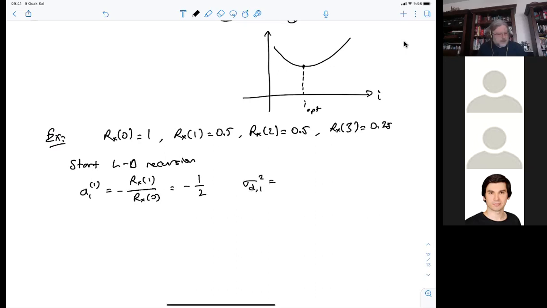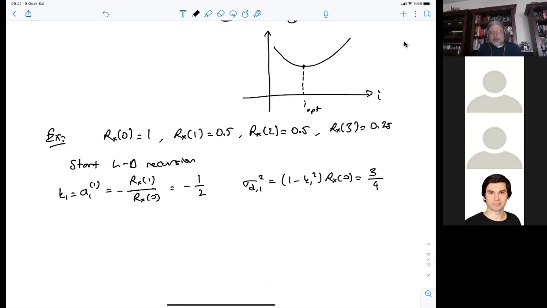The squared error for this case is, by the way, this is also K1, 1 minus K1 square times Rx of 0. So if you substitute K1 is equal to minus 1 over 2, 1 minus 1 over 2 square times 1 will give you 3 over 4.